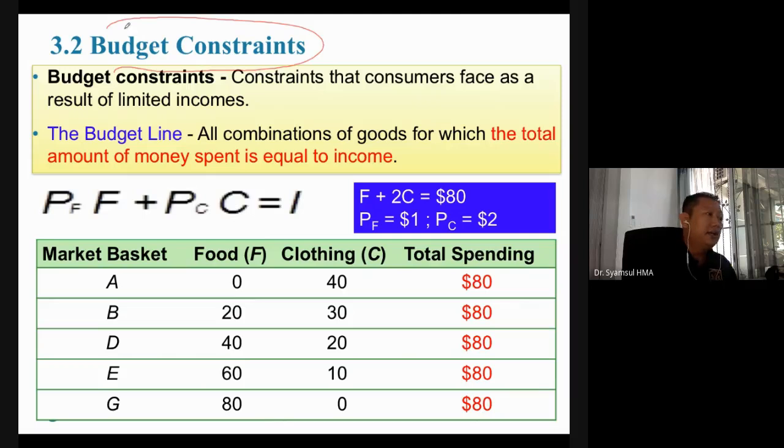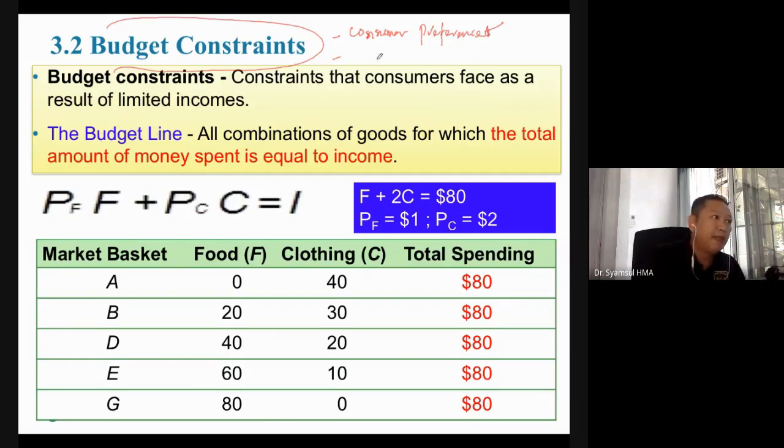So remember, the first step is consumer preference. What do they prefer? But the second step is now the constraint. Now you understand their preferences and what they prefer, the indifference curve.